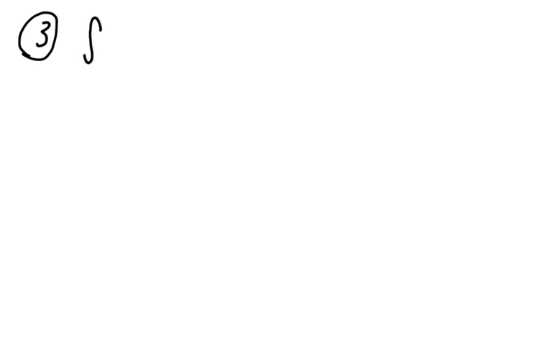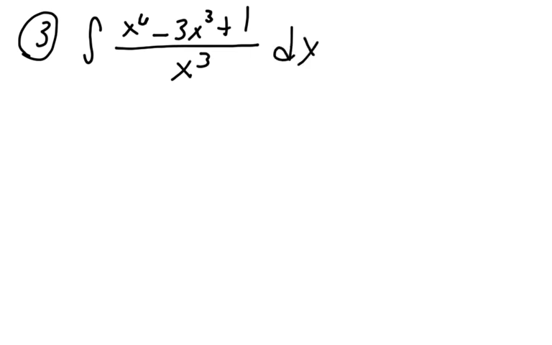Here's the integral of x to the 6th minus 3x cubed plus 1 all over x cubed dx. Now, like I told you, there's no quotient rule, so we need to simplify this integrand.